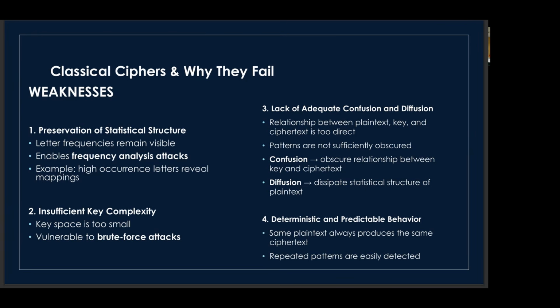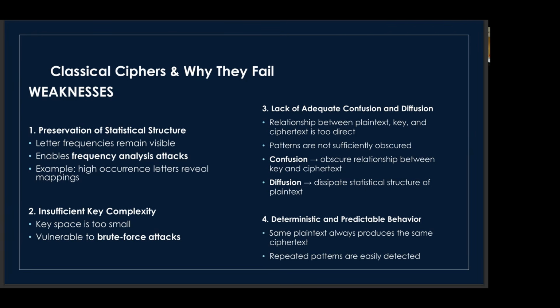What do I mean by this? The relationship between plaintext, key, and ciphertext is too direct, easy to guess, not confusing, so it doesn't have a high confusion level. And then patterns are not sufficiently secure. It can be guessed, right?